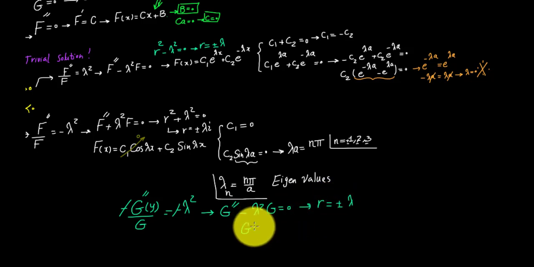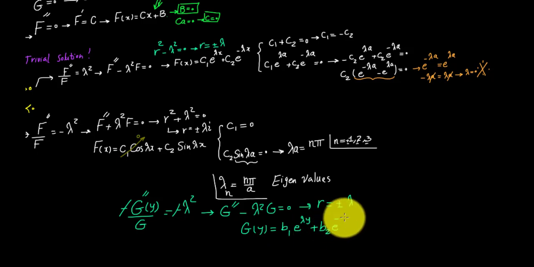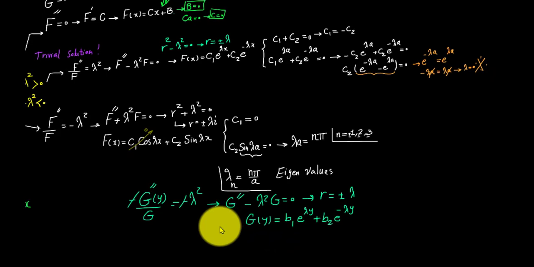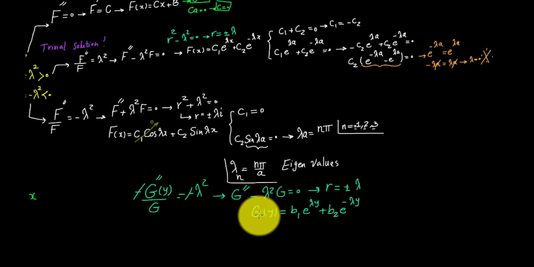So capital G of y is equal to a constant like b1 times exponential of lambda times y, because the variable is y, plus b2 times exponential of negative lambda times y, and this would be G of y. Now, like I said, we have more than one eigenvalue.